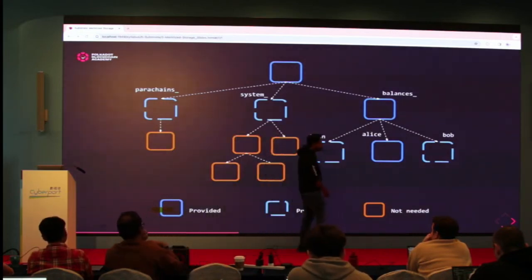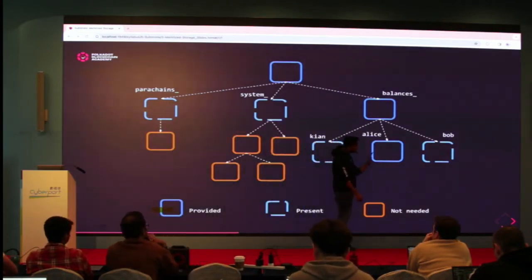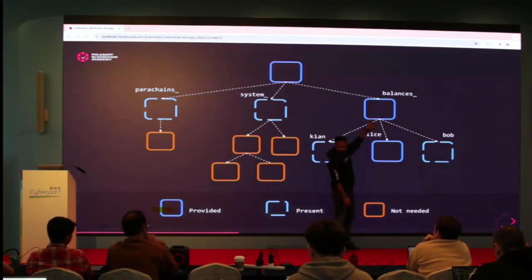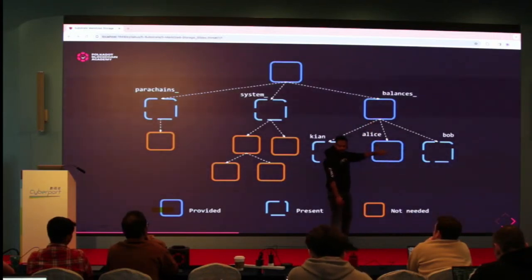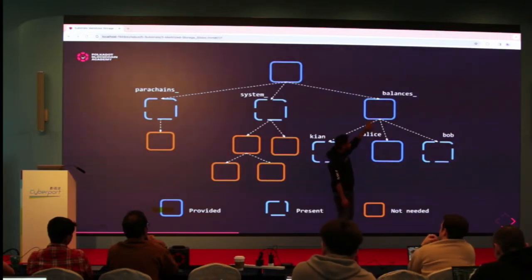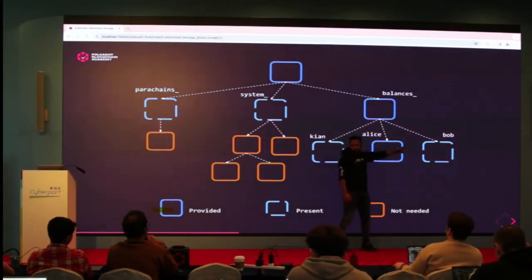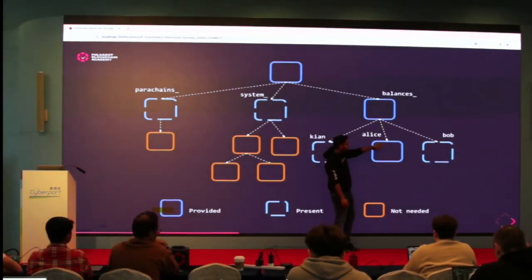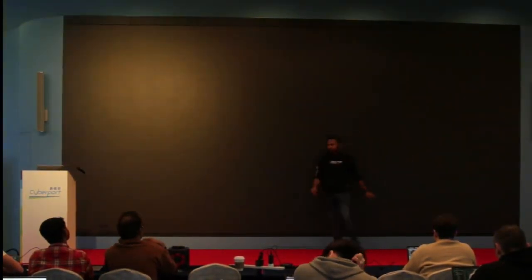So what we need to verify is that the hash contained in the balances for Alice is actually of this whole node. We want this whole node value to get her balance, hash it, and see that the hash is correct. But the other hashes, we don't care. We just care that there is a hash value.